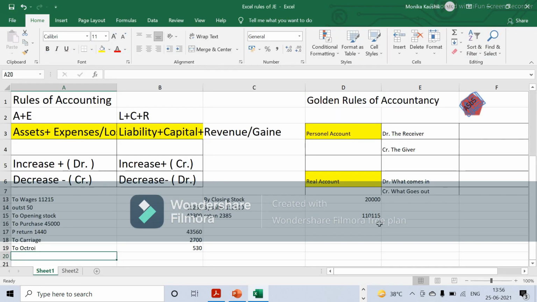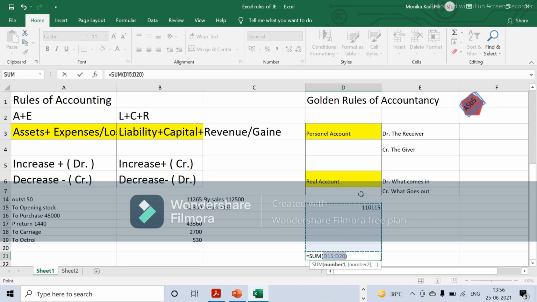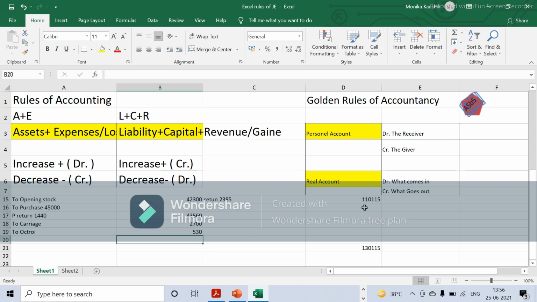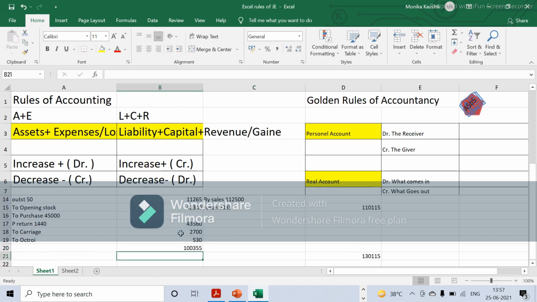Now all set. Now I am going to calculate my gross profit. I'm adding all these items, and then all the debits will be deducted from the credit side, because the credit side is more, right? So what I will get is this amount minus this total.